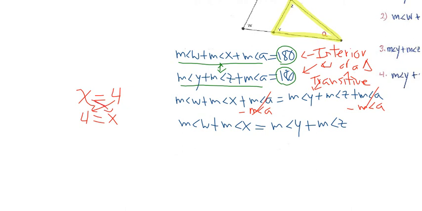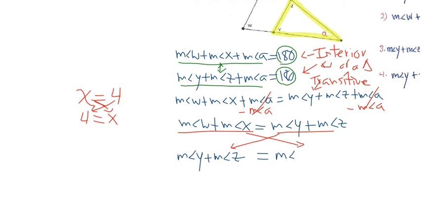So we could do that here. We're going to take this, move it to this side, take this, move it to the other side. So we will have measure of angle Y plus measure of angle Z is equal to the measure of angle W plus the measure of angle X.